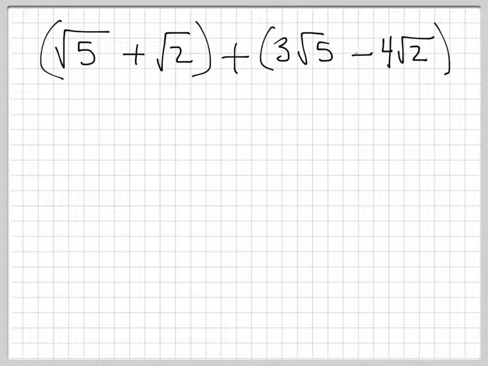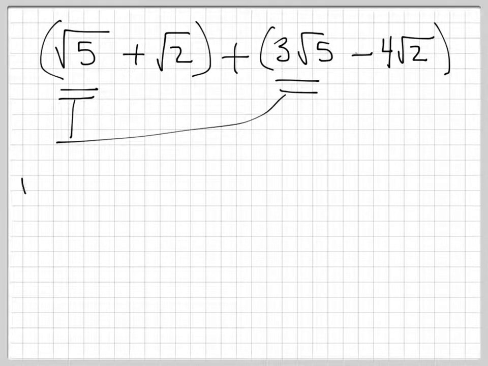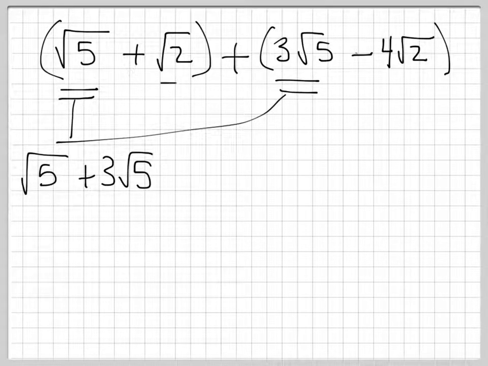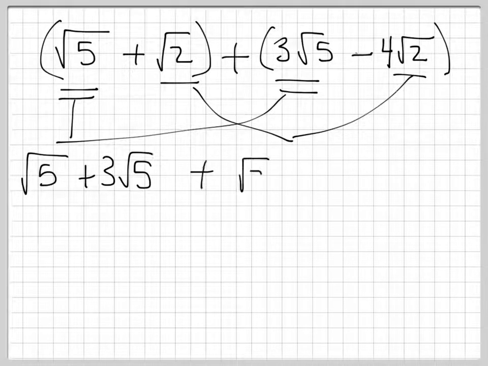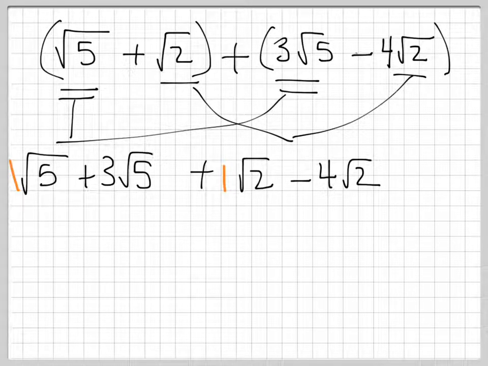Step 1 is to write like terms next to each other. Alright, so here we have radical 5 plus 3 radical 5 plus radical 2 minus 4 radical 2. Now remember, if you just have something like a radical 5 or a radical 2, that's really one of them, right? Just like when you have x by itself, it's really 1x.